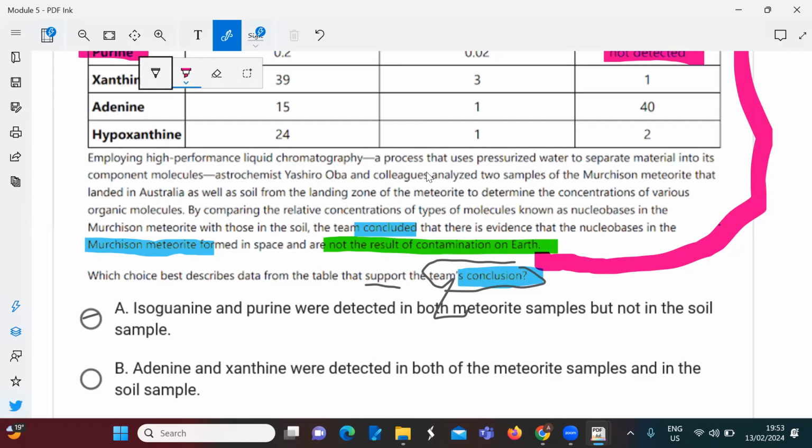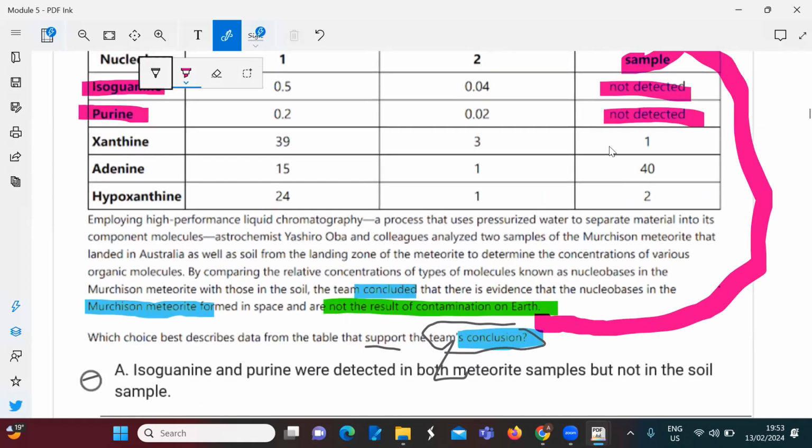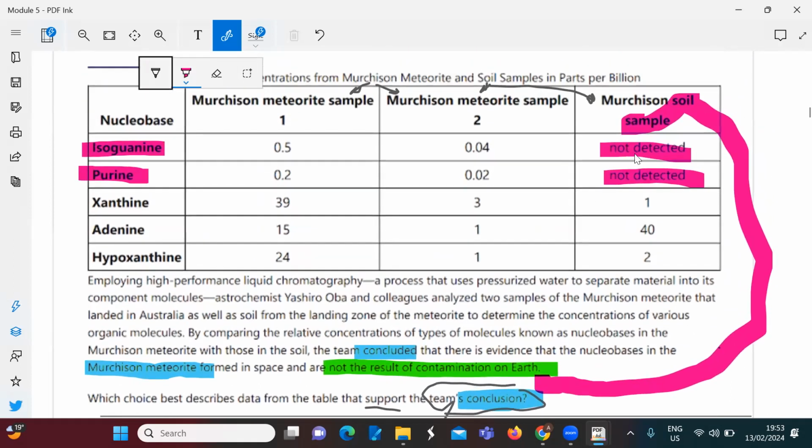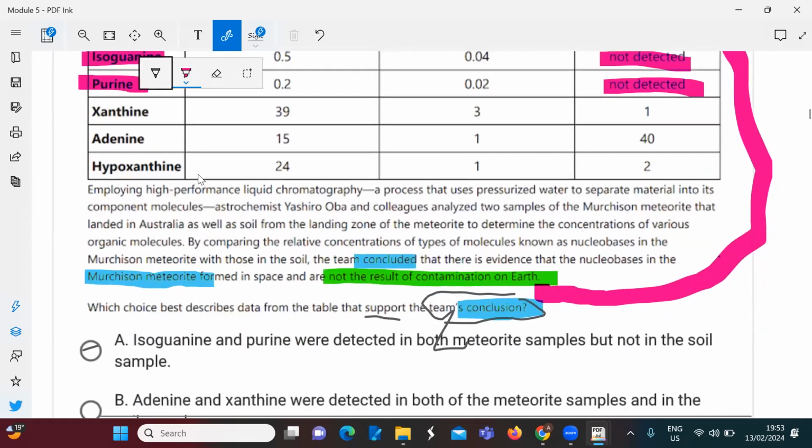But if B, it's here in the meteorite and the soil samples. I want something that is not the result of contamination on Earth, meaning something not in the soil, not detected, which are the first two elements, the isoguanine and purine. Do you understand?